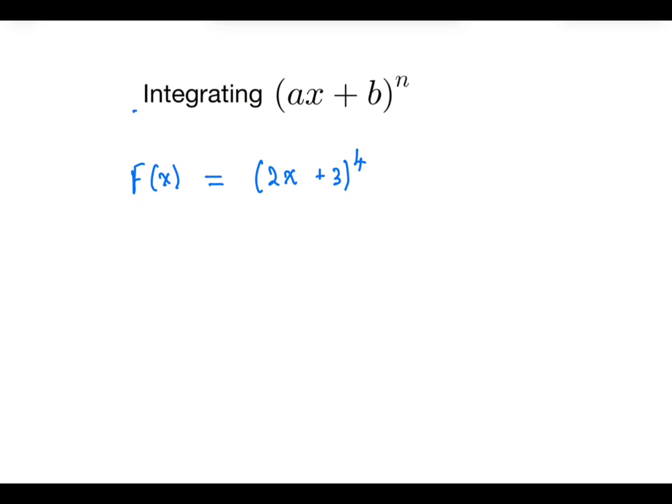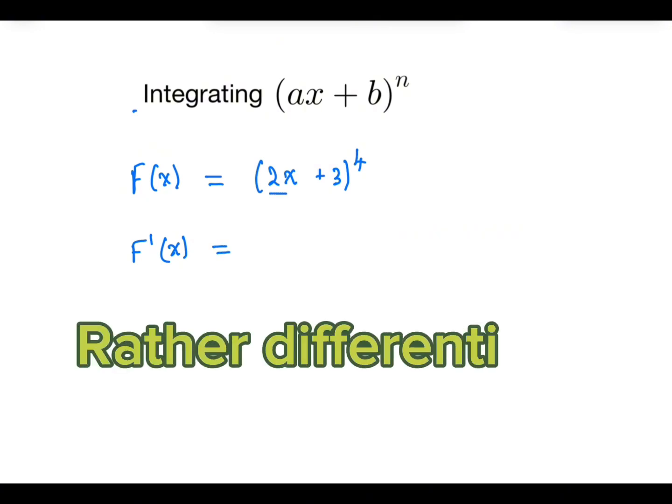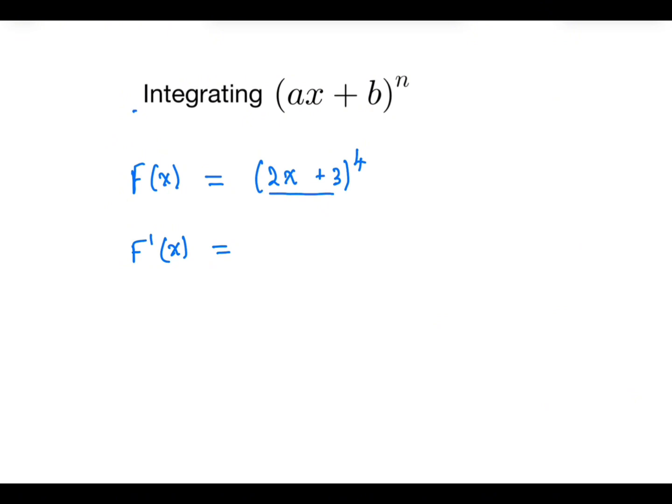Let's say I want to differentiate this function, f prime of x, which is the derivative of the function. First, you differentiate the function inside, that is 2x plus 3. The derivative of 2x plus 3 is 2. Now multiply by the exponent 4, all of this into 2x plus 3 all to the power of 4 minus 1, which is 3.